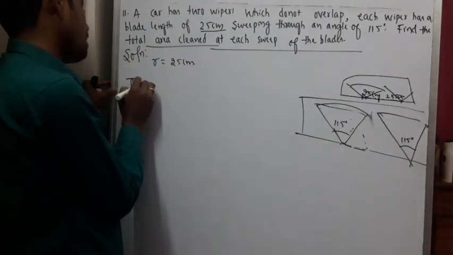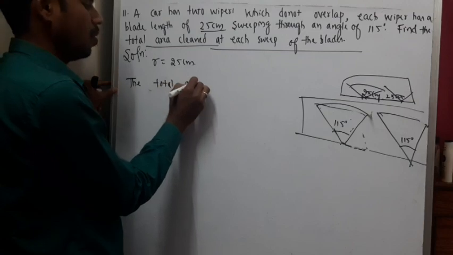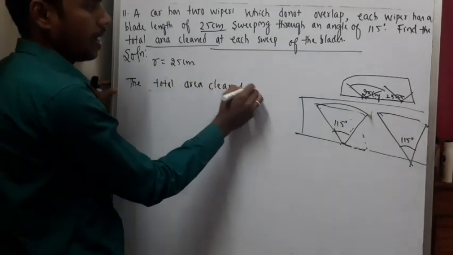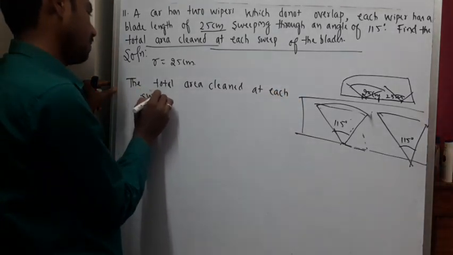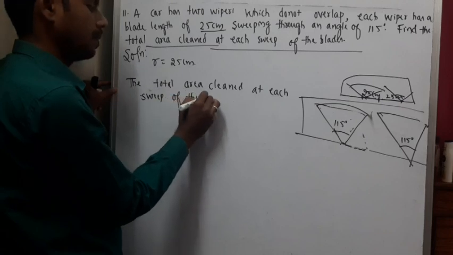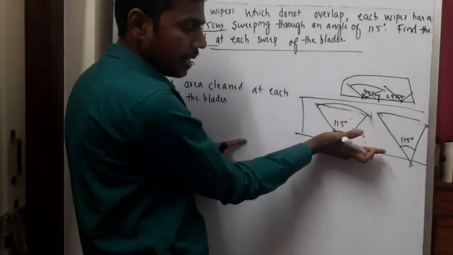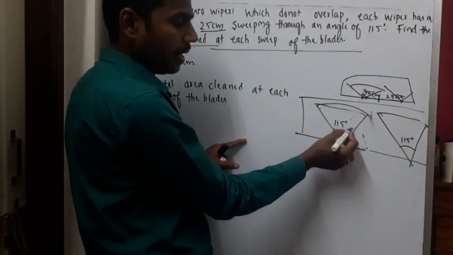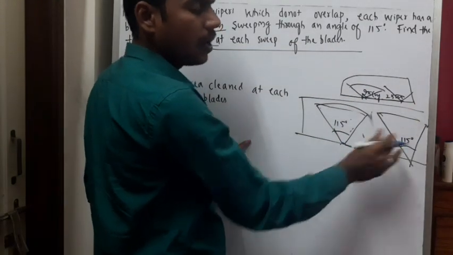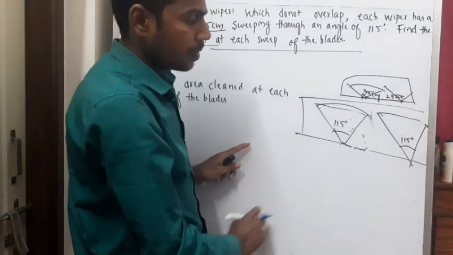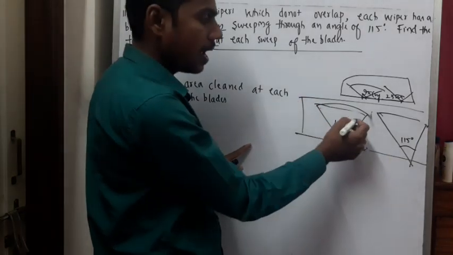The total area cleaned is equal to 2 times, see, in the front panel one blade is sweeping through 115 degrees and it is covering this much area, and one more blade again sweeps 115 degrees. So the total area swept by both the blades will be equal to the area of these two sectors.